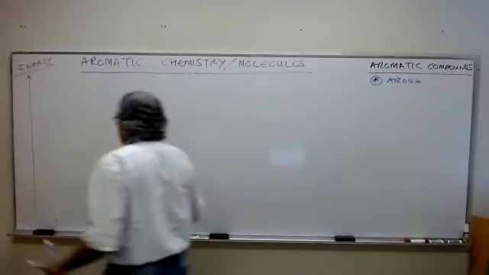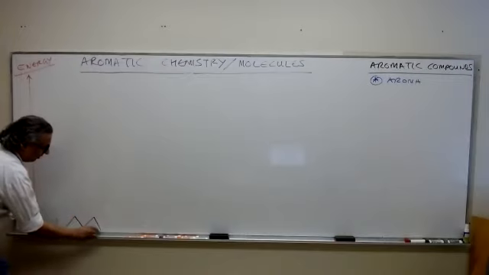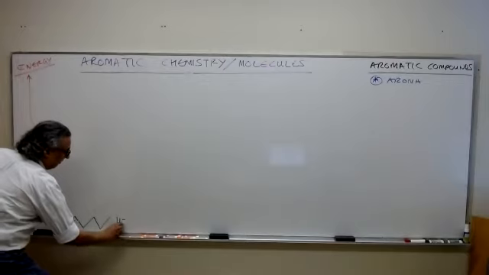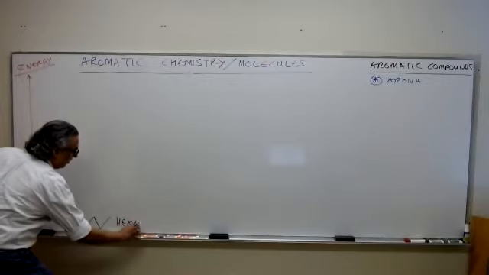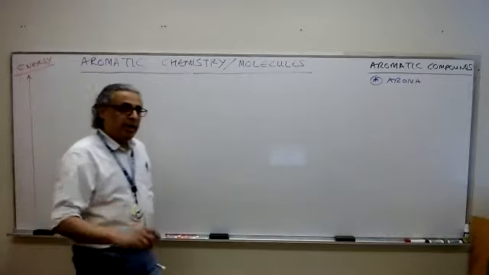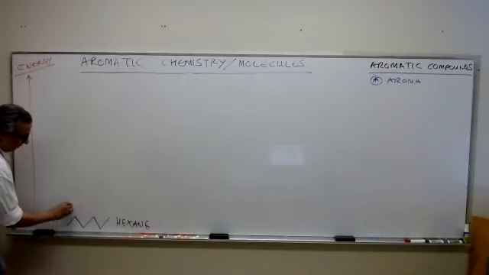Okay. So hexane has very little energy. So I'm going to draw hexane down below. Okay. This is hexane. If I put a double bond in hexane, it's going to go up in energy.